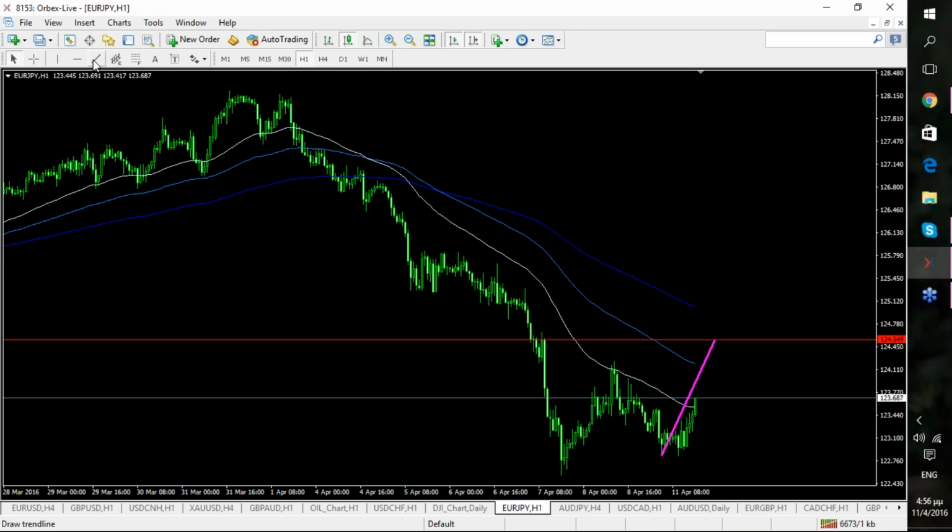Now this ABCD here, right? So more room for Euro JPY to that area there, but then attached to this ABCD is a bigger move that we could take maybe from here, all right?